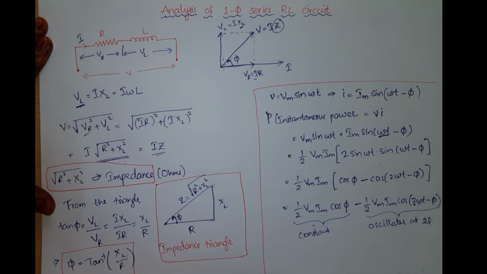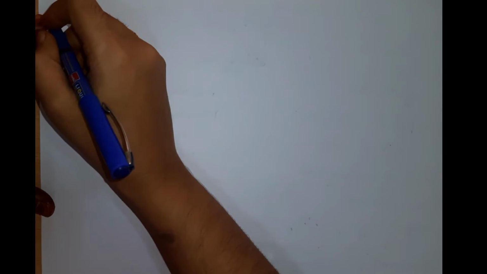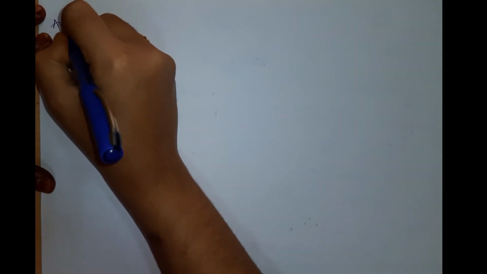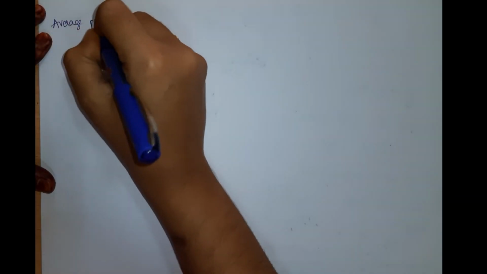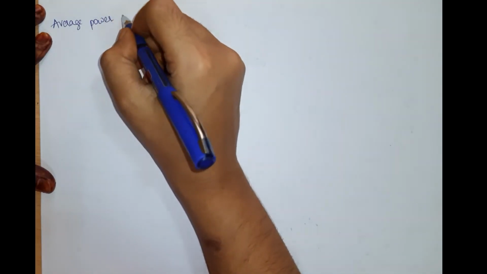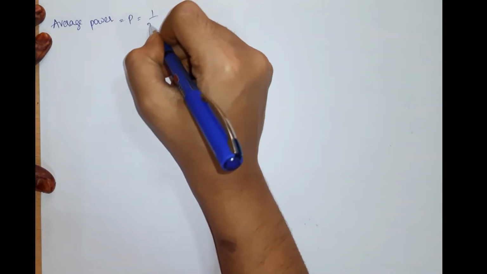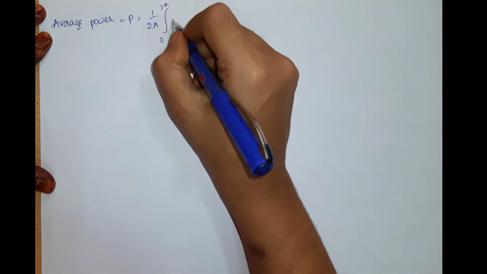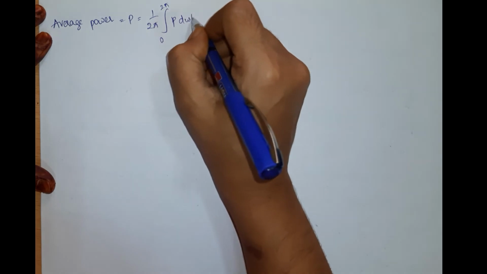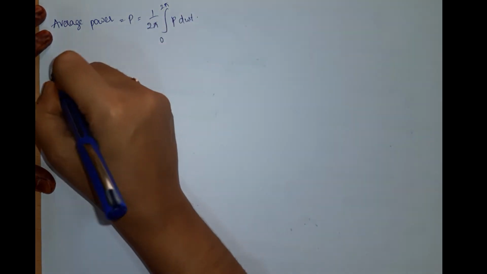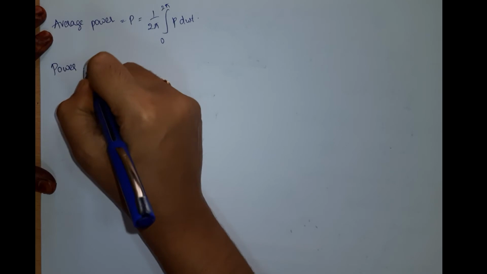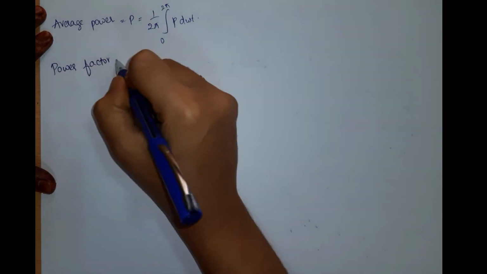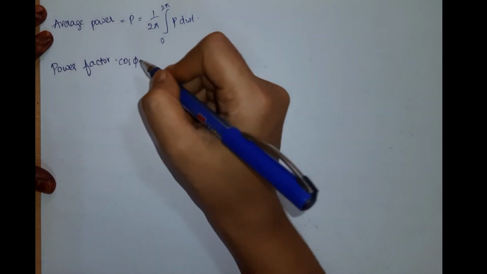Next, coming to average power, let us see what happens to the average power. Average power is nothing but 1 by 2 pi of the total instantaneous power, integrated over d omega t. So coming to power factor. Power factor is defined by cos phi.